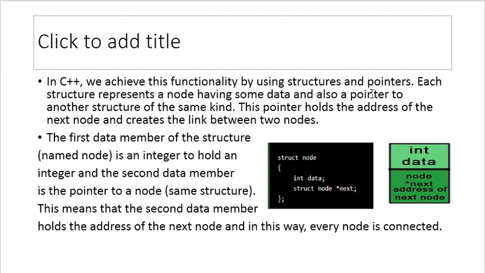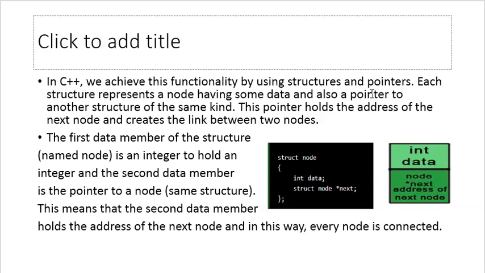As I have shown you through the diagram, a node consists of data and a pointer. So you will create a node by declaring a structure, and with the help of the structure you will create a node with the data and the pointer.